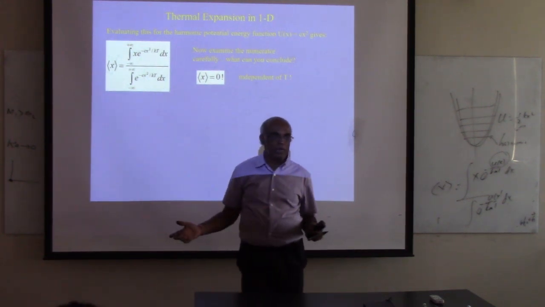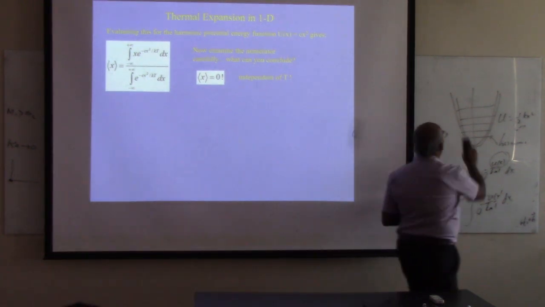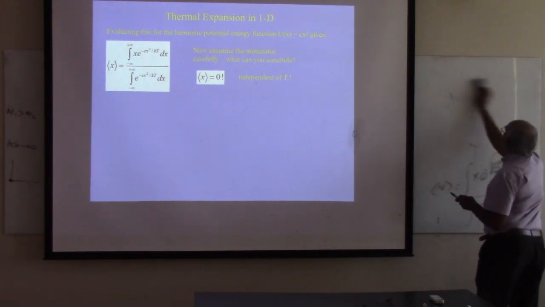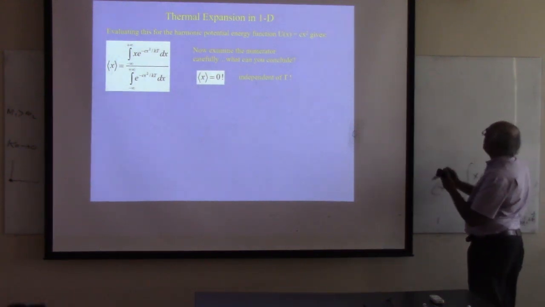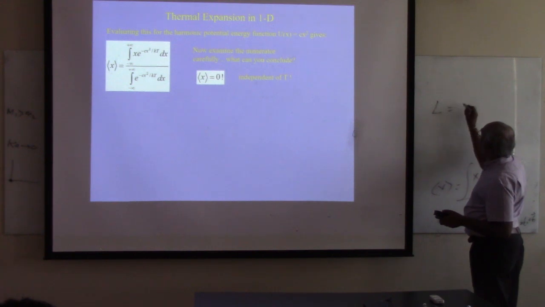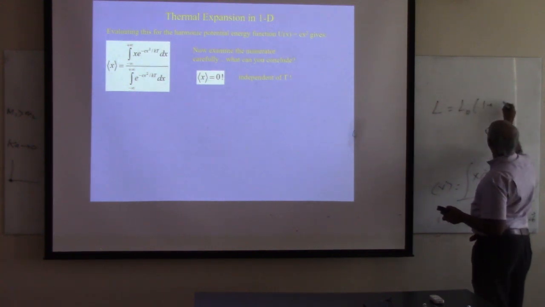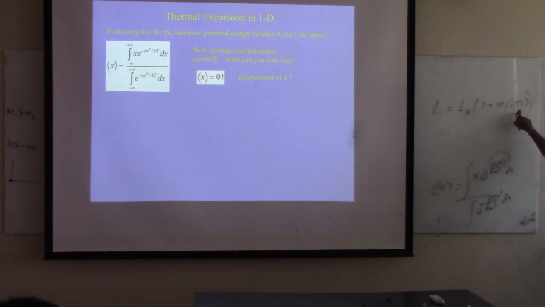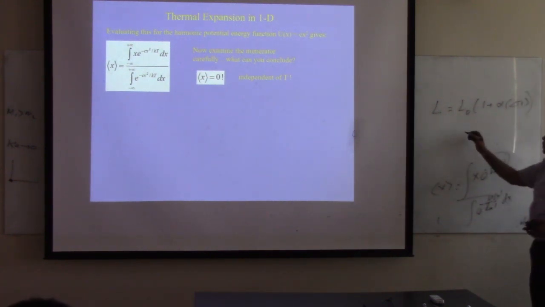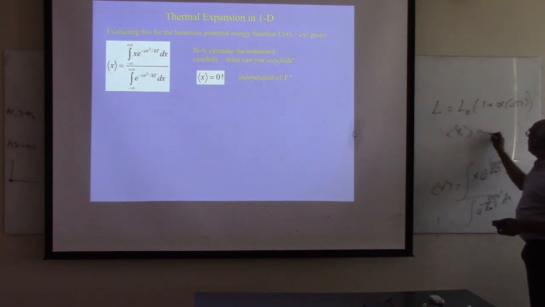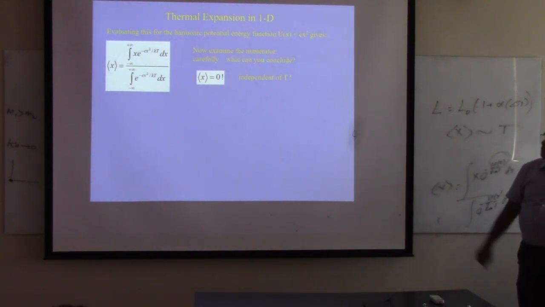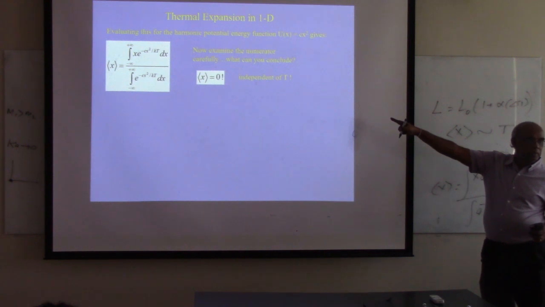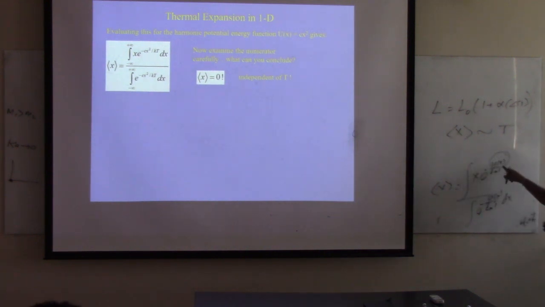We know that's not true, right? Everybody knows that if you heat a material, its length typically changes as L0 times 1 plus alpha times delta T, right? So it has a linear T dependence. So typically your average x goes like T, but this one gives you 0. The problem is our assumption of U is wrong.